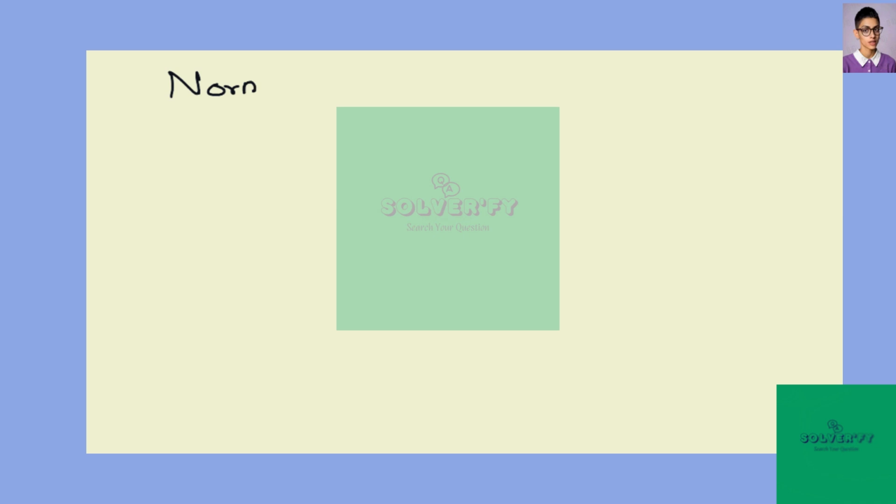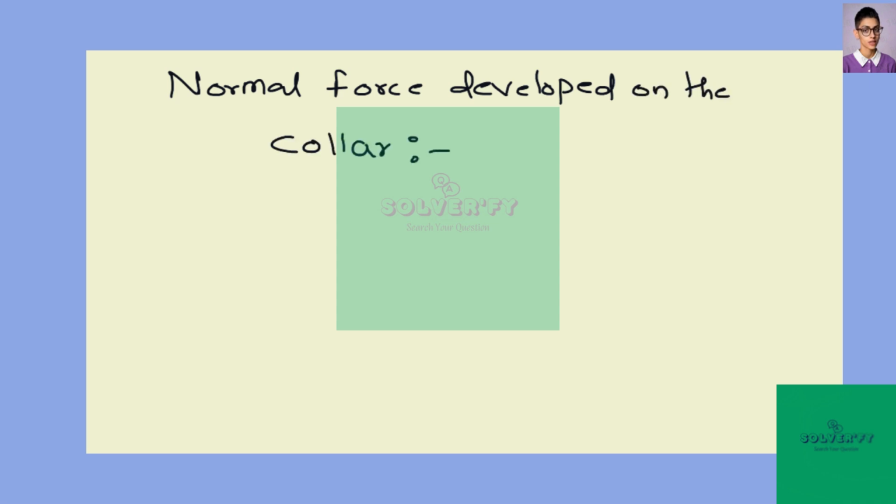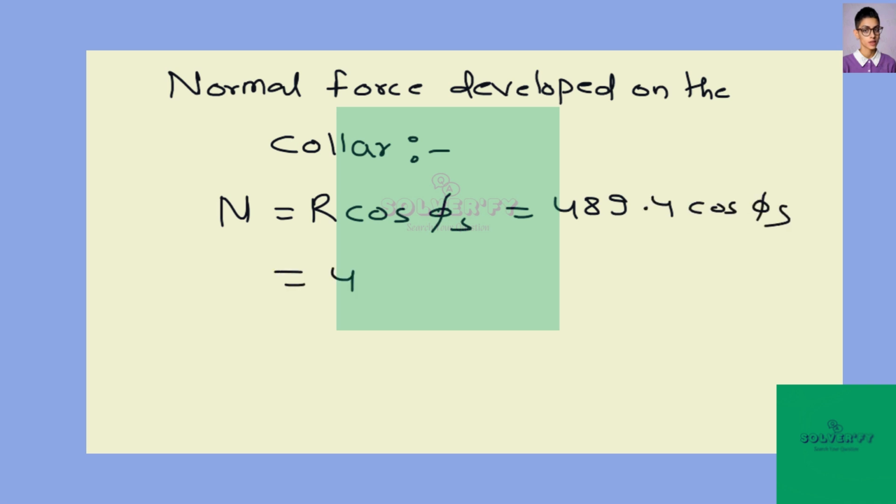Now going further, we will write normal force developed on the collar. So N is equal to R cos phi s is equal to, on putting the value here, we will get N is equal to 489.4 cos 11.86 degrees.